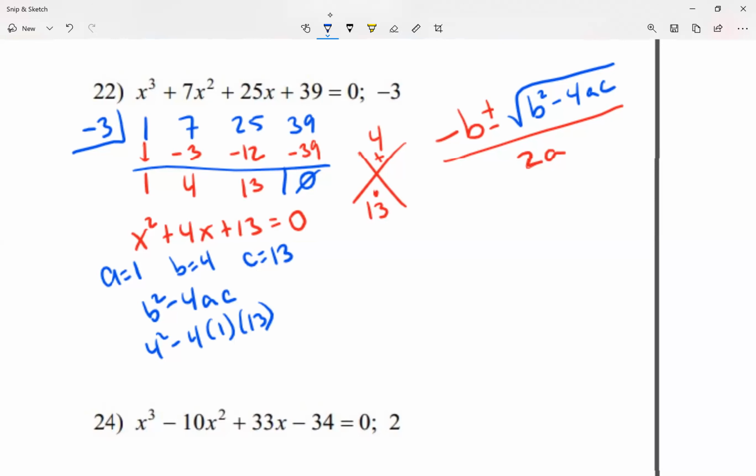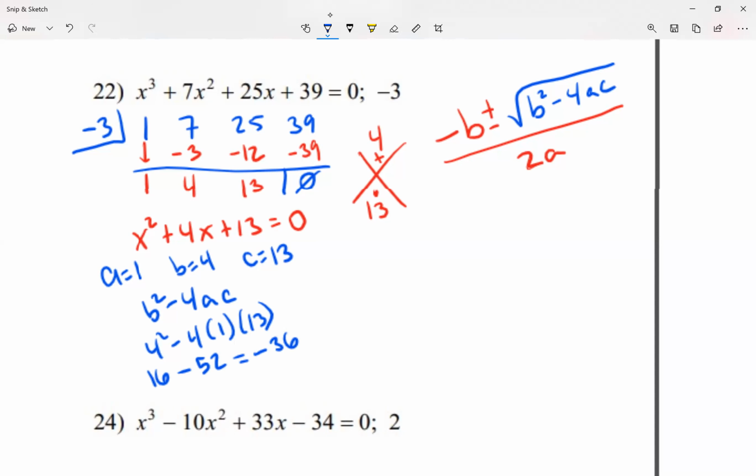I know 4 squared is 16 minus, let me combine my whole multiplication together. So 4 times 1 times 13 is 52. And I know 16 minus 52 is -36. All right, my discriminant is negative, so I'm going to get 2 imaginary solutions.